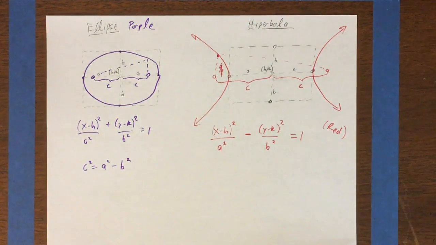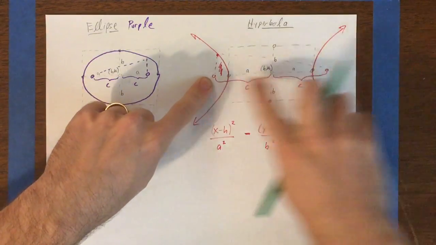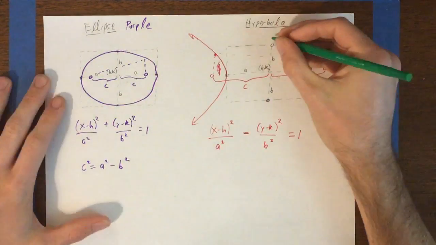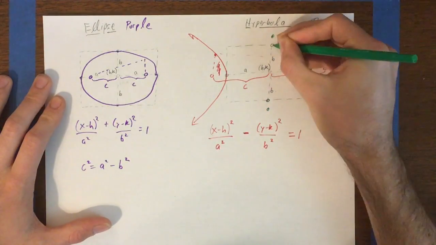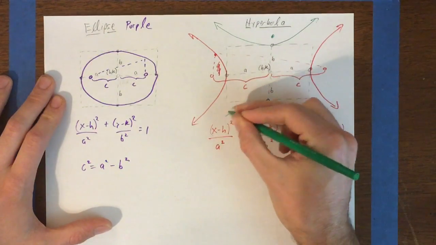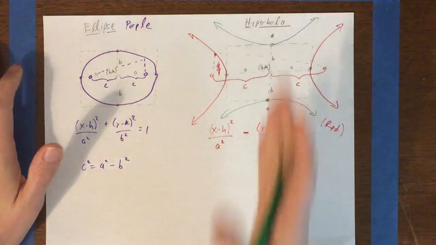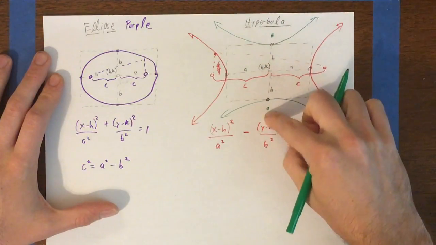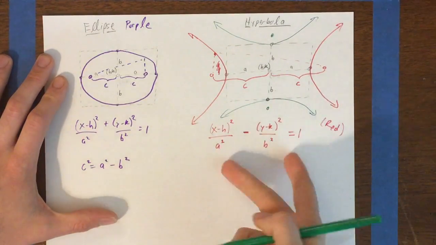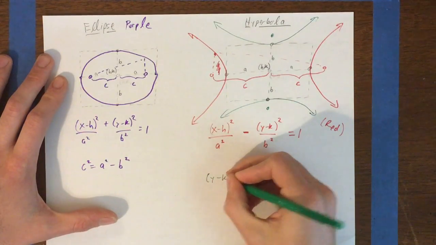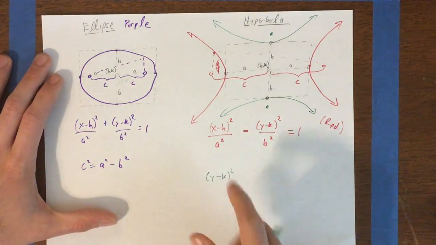But with this exact same setup, you could also put the foci on the vertical axis instead of the horizontal axis, still outside the box right here, and end up with a different hyperbola, which is oriented vertically, with its foci on the outside here and passing through those points. So that one looks a little different. You have to swap the order of these two terms and put the y term first. Whichever term is positive, the x term or the y term, tells you the orientation.